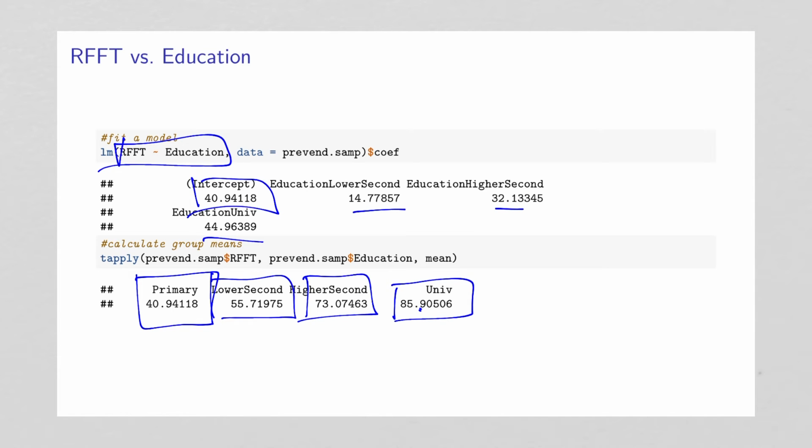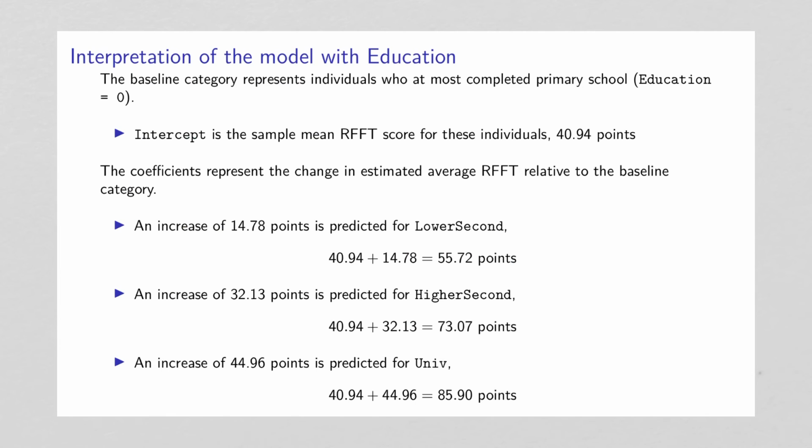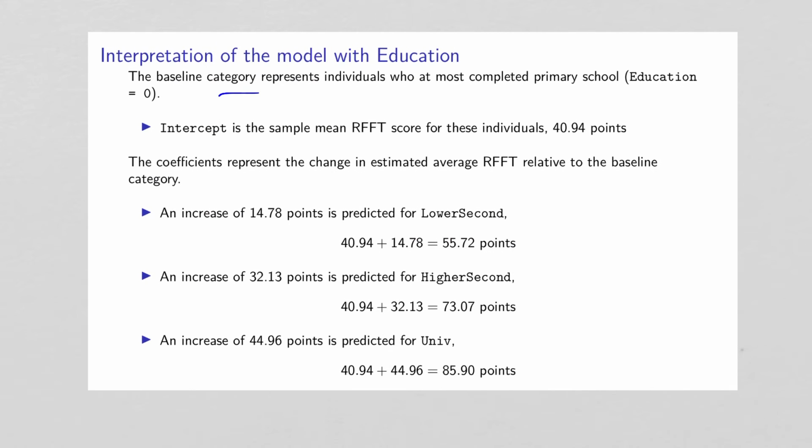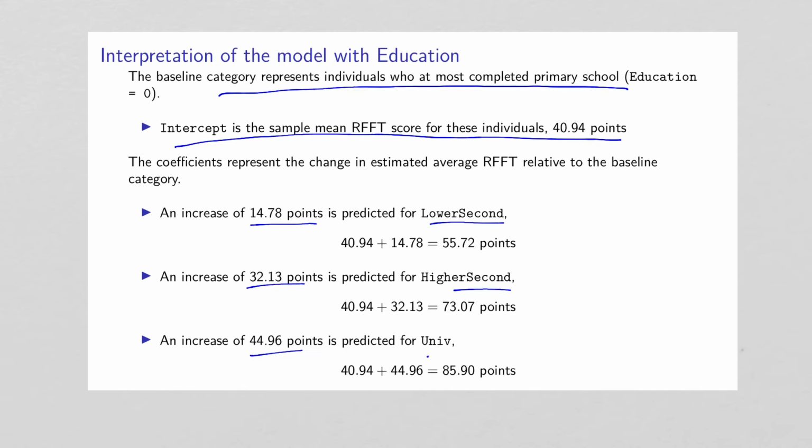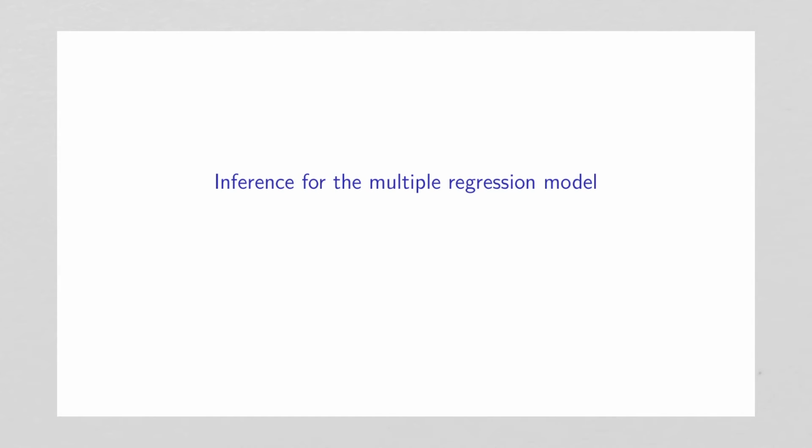And so now we're saying that the baseline category represents individuals who have at most completed primary school. The intercept is the sample mean of these individuals. And then an increase of 14 points is seen for lower second, and so on and so forth, right? So the higher your education, the higher your RFFT scores.